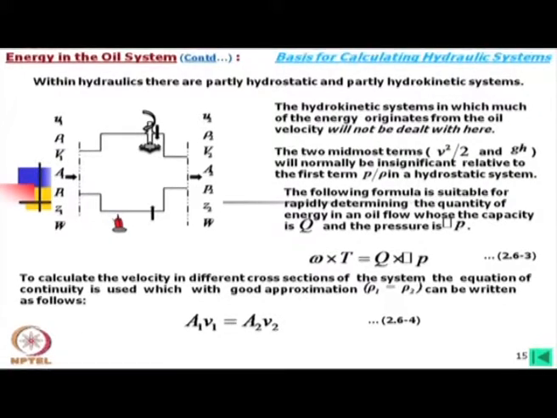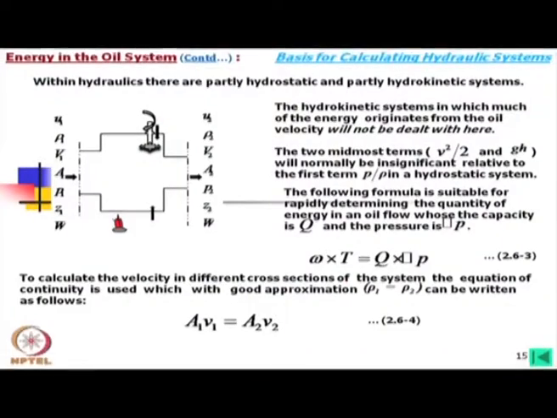So, suppose this is an electric motor, we can calculate omega T there, and for the pump we can calculate the power in this way. However, if we consider a loss, then we have to multiply with an efficiency factor in between.